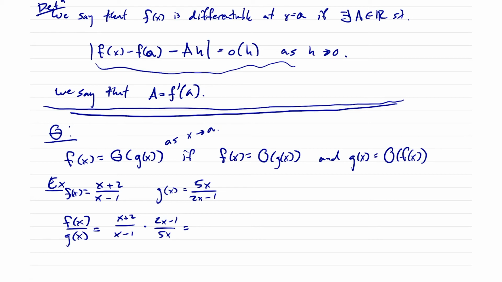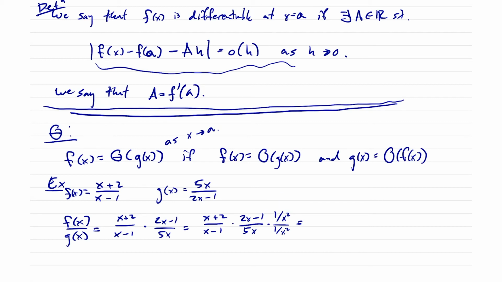If I divide top and bottom by, say, x squared, I guess, let's see what we're going to get. So we have x over 2 minus 1 times 2x minus 1 over 5x. And then I'm going to divide by 1 over x squared and 1 over x squared. So I'm not really changing anything. That's just a fancy way of writing 1. So I'm going to take one of these x's, put it here, and take another one of these x's and put it here.